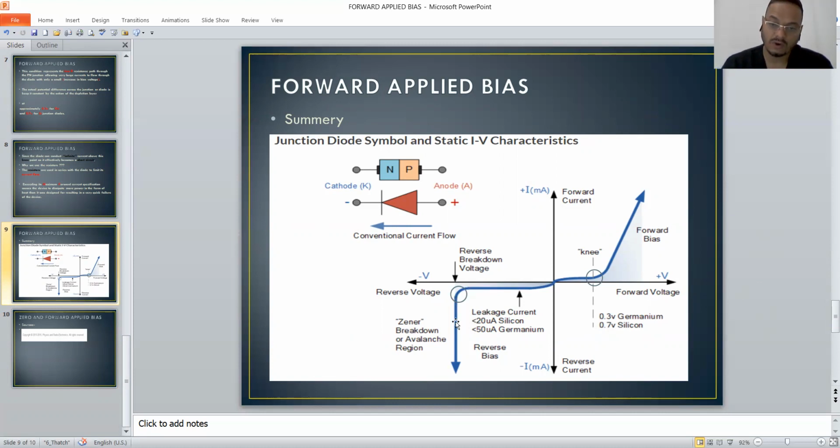Until this point, after the knee, the diode will behave like a closed electric circuit.